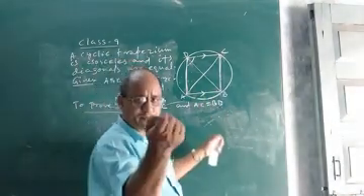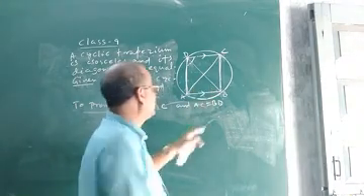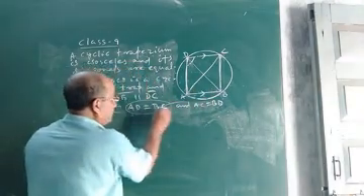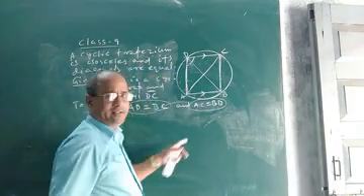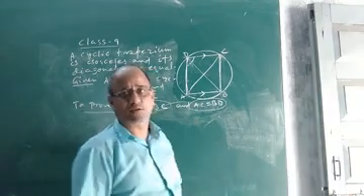See children, if you pay a little attention to the diagram, in order to show AD equal to BC and AC equal to BD, I think it will be sufficient if we can prove triangle ADC and triangle BCD congruent.